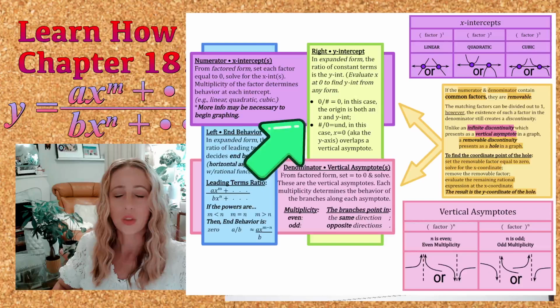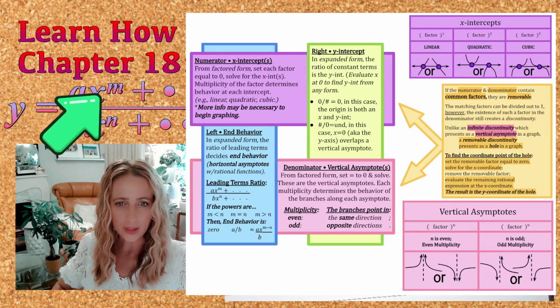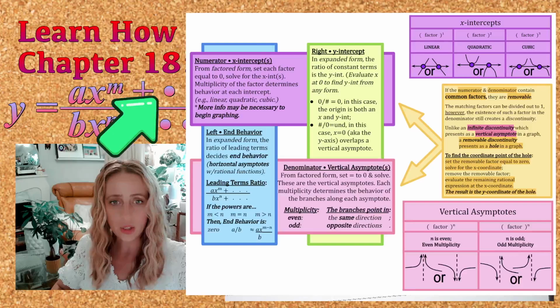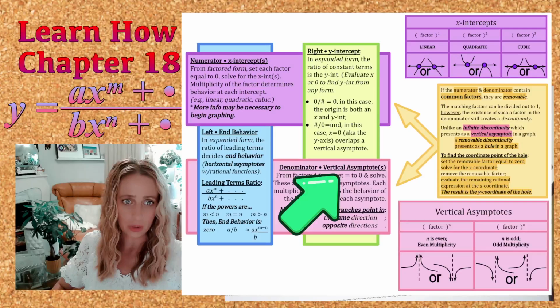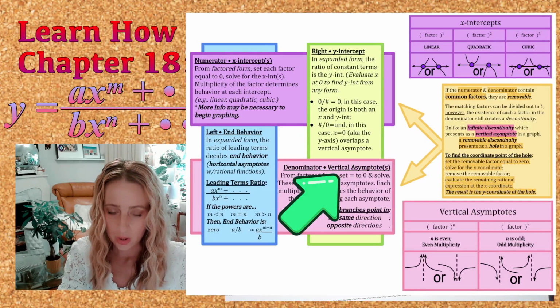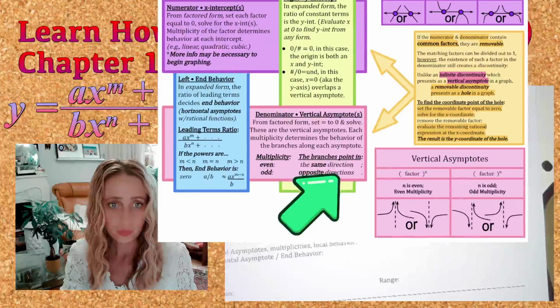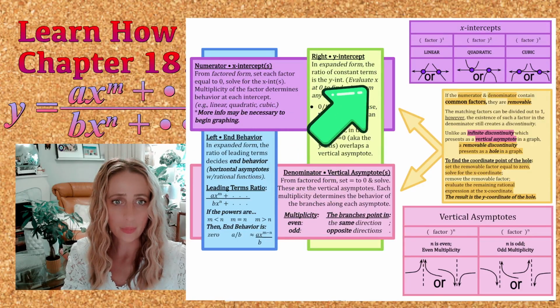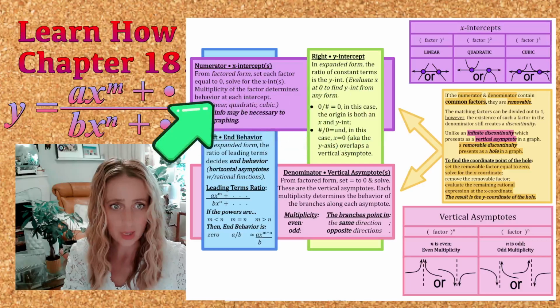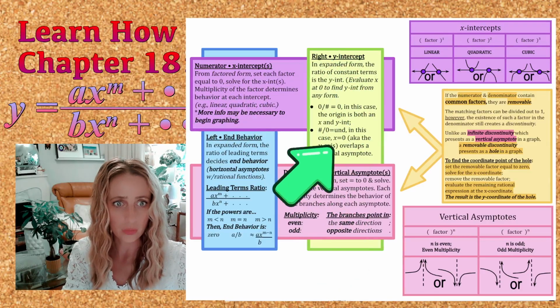Next, how do I get the y-intercept? I fill in 0 for x, but a shortcut would be to look at the right side of the fraction. The purple line represents dealing with the numerator. The green represents the right side.